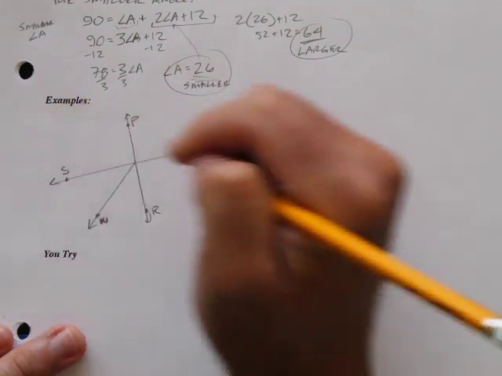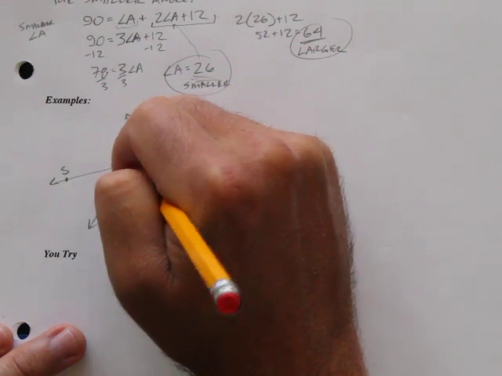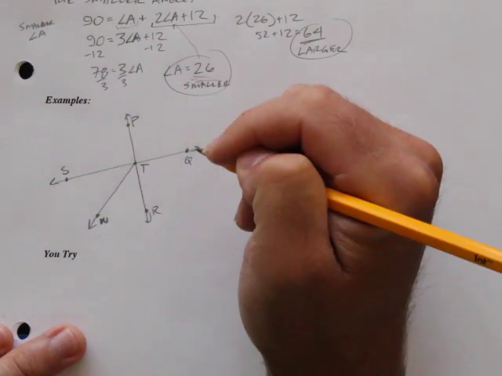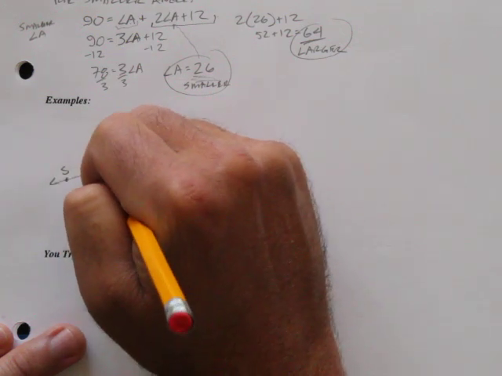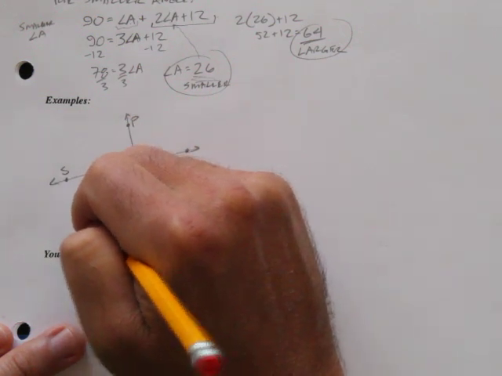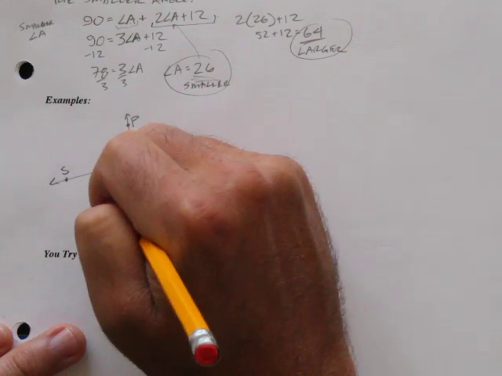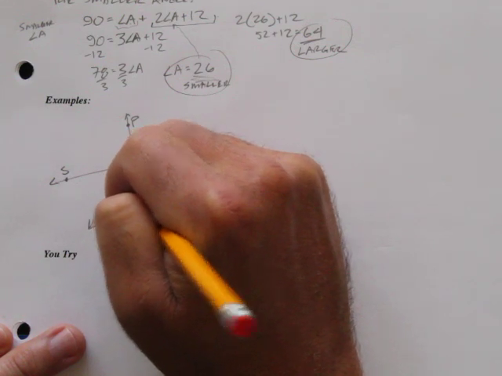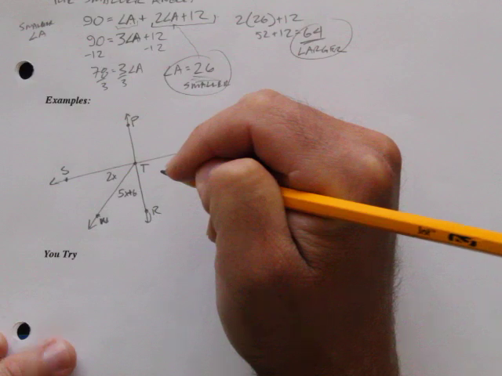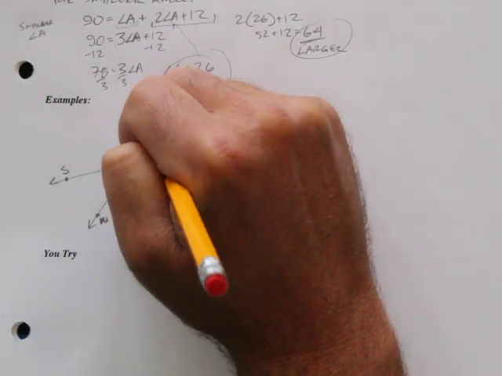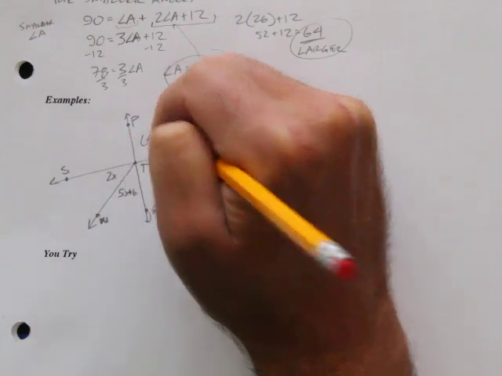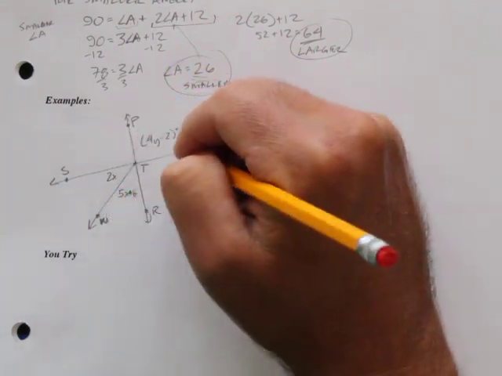Up here is S. In the middle here is T. Then I've got STW is 2x degrees, and WTR is 5x plus 6 degrees. Oh, and one more: 4y minus 2 degrees is this PTQ.